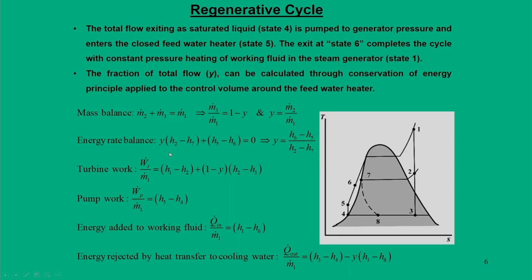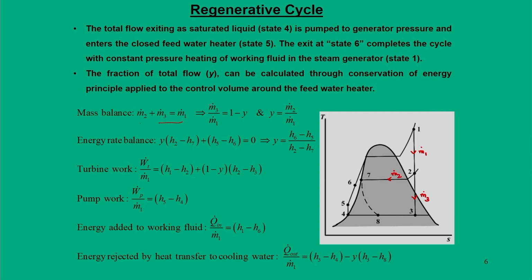Now, for the closed type feed water system, we can write the mass balance equations, that is M1, which is entering from state 1, is diverted into 2 parts, one goes as M3 dot, the other goes as M2 dot. So, M2 plus M3 becomes M1.